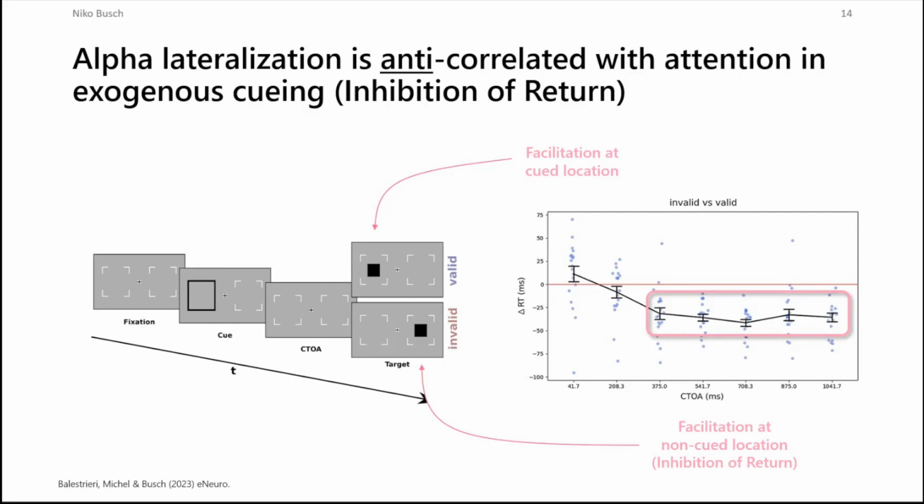Now, if this is the behavioral pattern, the time course of attention, so to speak, where attention moves from here over there, and if alpha lateralization is a correlate of attentional orienting, then you would also expect that alpha gets lateralized towards the cue and then follows the behavioral effect. So let's see.